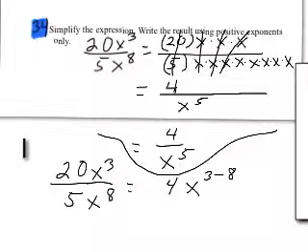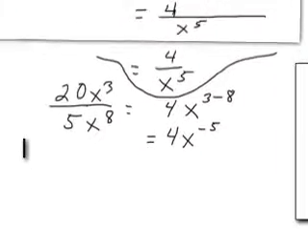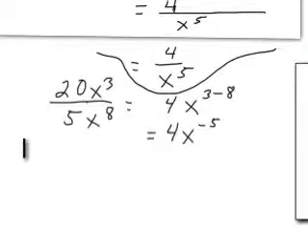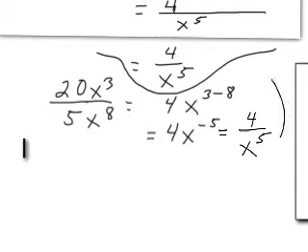That would give us 4x to the negative 5th power. However, we want to have positive exponents. So remember, x to the negative 5th power is the same as 1 over x to the 5th power. So we would have 4 over x to the 5th power. See, we get the same thing as we got before.